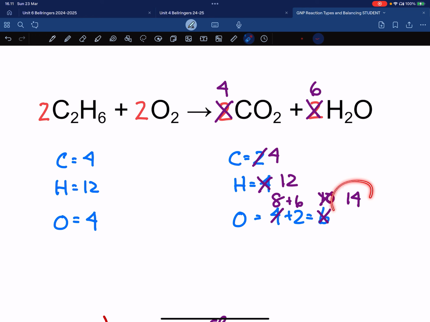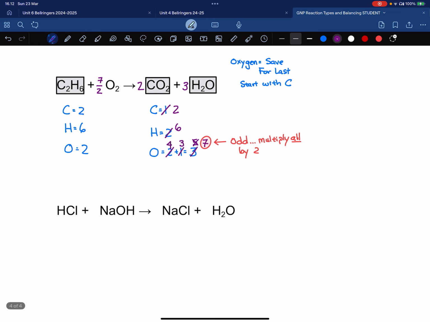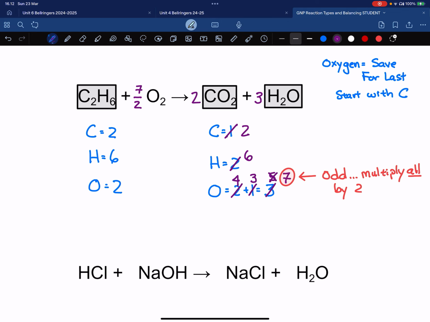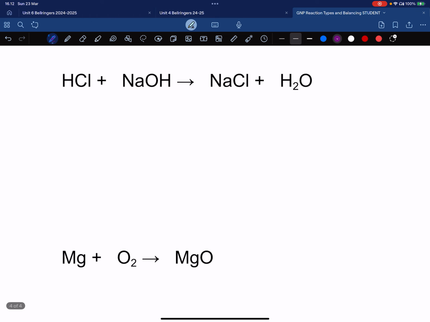Now I have an even number of oxygens, so in order to get those to equal, I multiply O2 by 7. And everything balances out. All right? So you can do either one. You can do the multiply by 2, or you can do the 7 halves. Either one's perfectly fine.